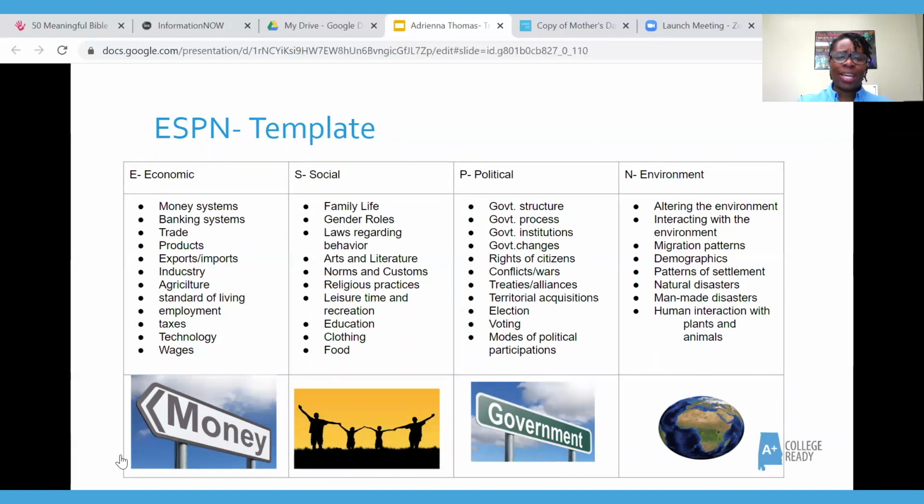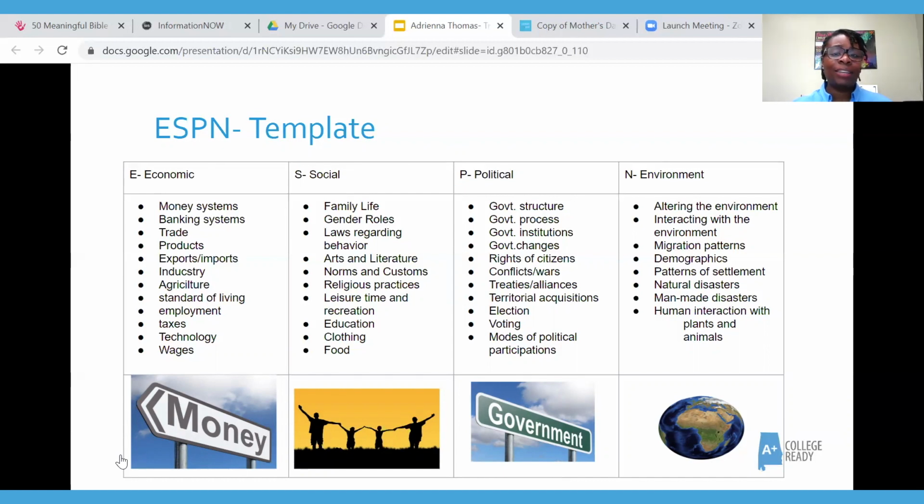So for economics, an example could be look at the money system, look at the trade, look at different products. For social, you can ask them to look for the foods that they were eating, their family life, the gender roles, the clothing, the education. When you're looking at political, ask them to look for, are there any elections, votings, government structure, the rights that were given to the citizens.